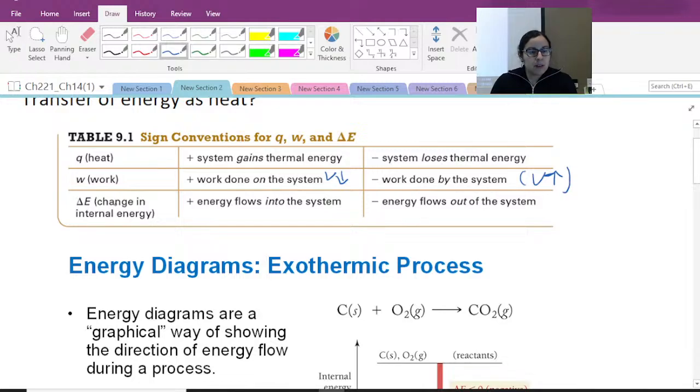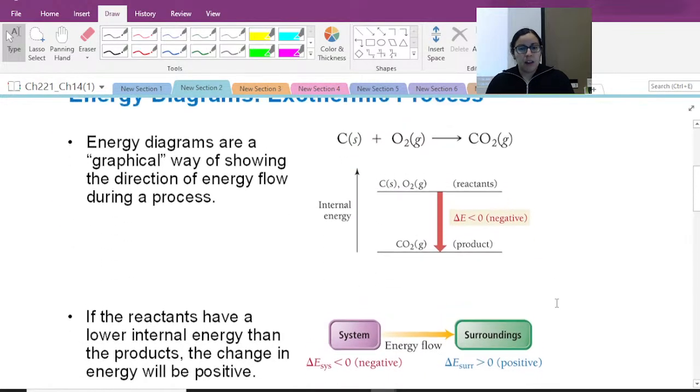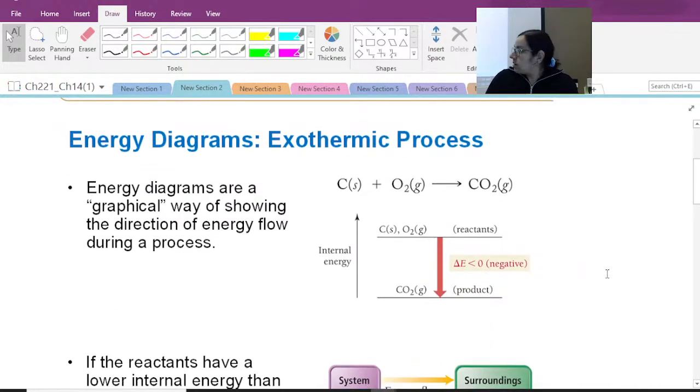And then we'll look at our total change in internal energy. Again, looking at Q plus W, it's overall energy flowing into the system or energy flowing out. We often use these different energy diagrams to show these exothermic and endothermic processes.